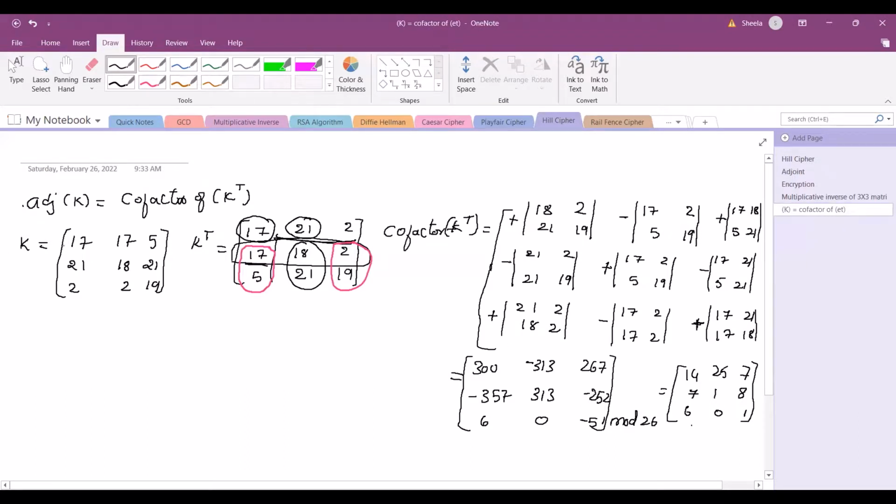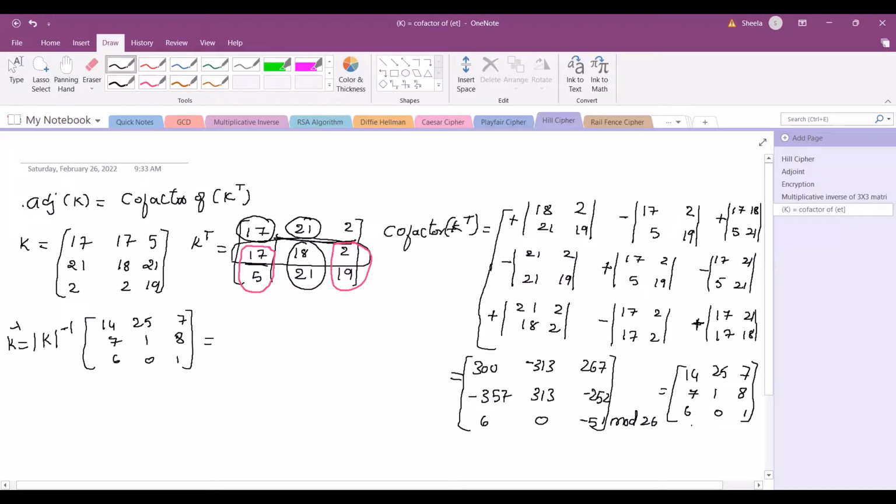And the inverse. So in order to find the inverse, what do we have to do? We have to multiply the multiplicative inverse of the determinant of K with the cofactor matrix, that is 14, 25, 7, 7, 1, 8, then 6, 0, 1. If we multiply these two, I'll be getting K inverse.